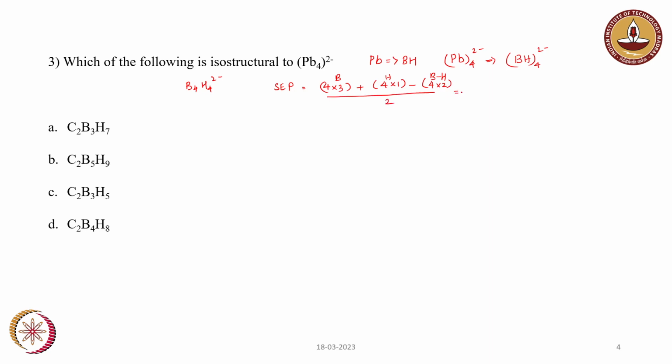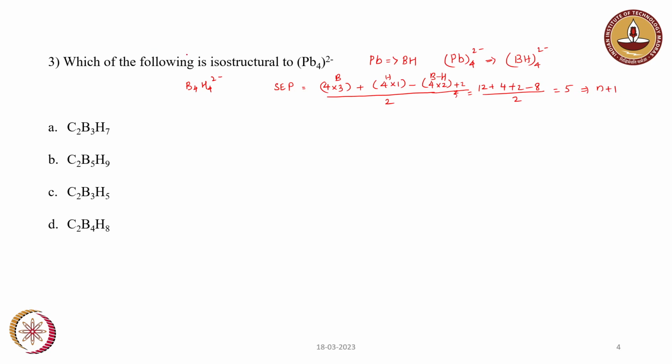That is 12 plus 4 plus, there is a 2 minus charge here, so we'll have to add that as well, plus 2 minus 8 divided by 2, that will be equal to 5, which is n plus 1.